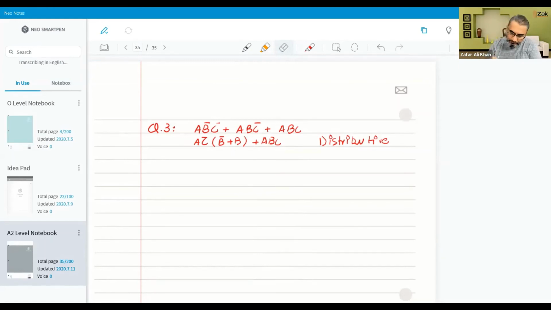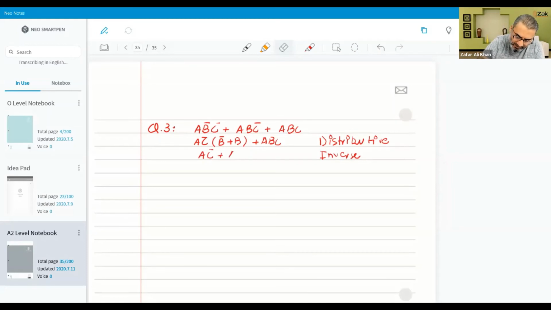Now, then we will apply again inverse law or complement law, and that will let us get rid of B naught plus B, because that makes it 1, and anything multiplied by 1 remains the same.